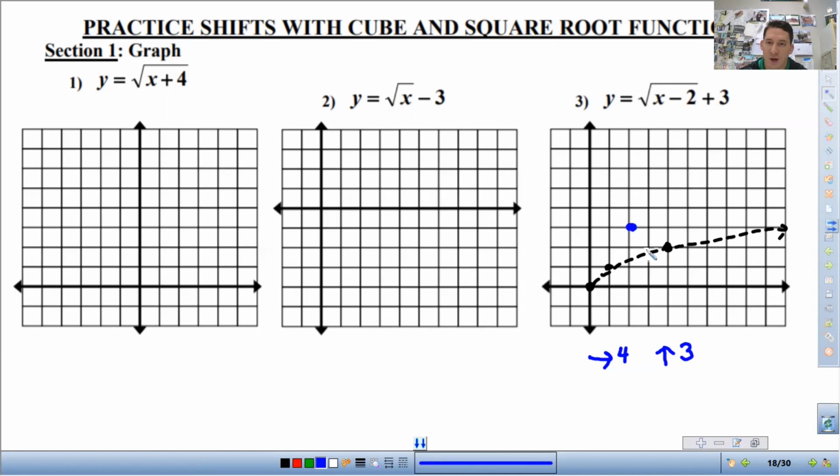Right 1, 2, up 1, 2, 3. I did one of those weird mistakes. I wrote the wrong number there. All right, there we go. And there's our graph on that one.